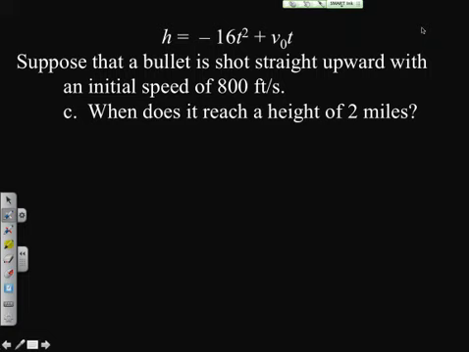Okay, and now when does it reach a height of 2 miles? Oh, 2 miles. Height, 5,280 feet is 1 mile, so multiply that by 2, and we get, this is easier when I have you guys doing this on a calculator for me. So 10,560 is our height.